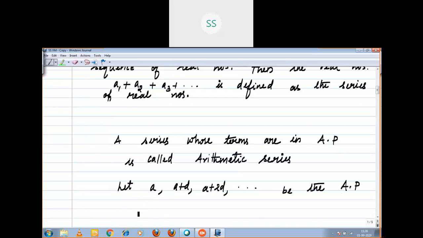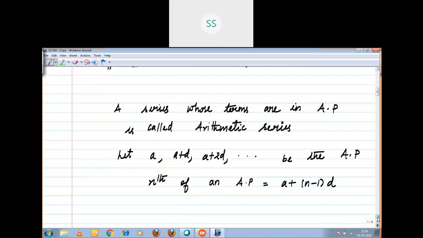Already we discussed, right? The nth term of an AP is equal to a plus n minus 1 into d.